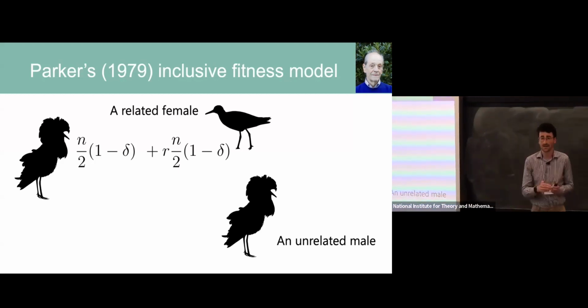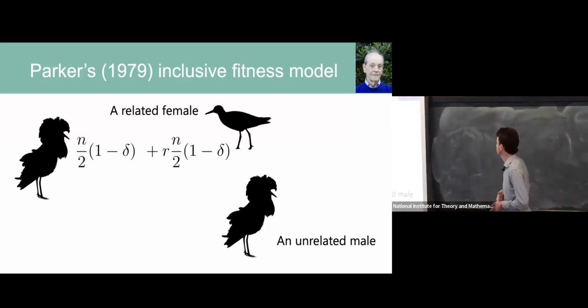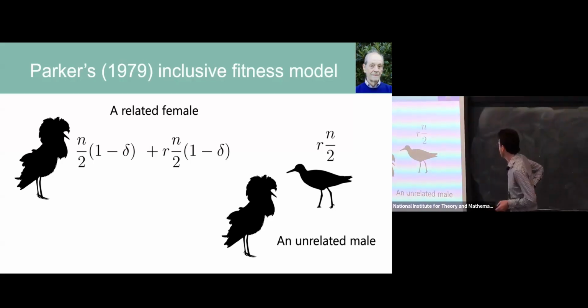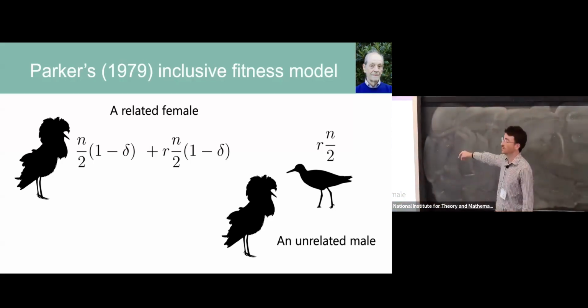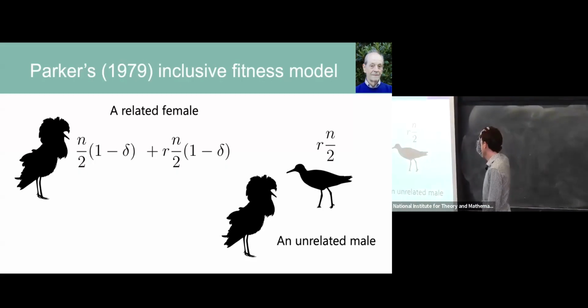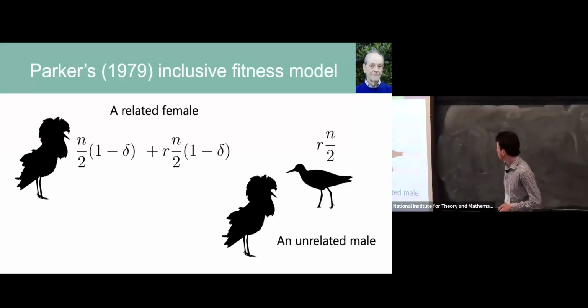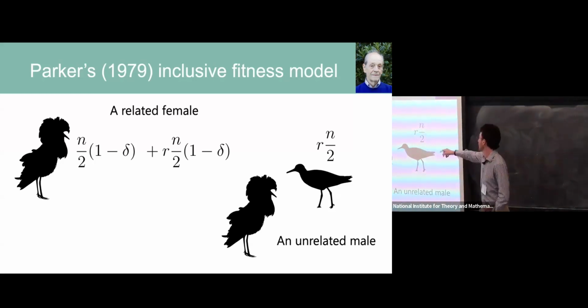If instead the male chooses to avoid inbreeding with the related female, she can go on and breed with an unrelated male, and she'll pass on n/2 times R gene copies from the perspective of what the male decision produced. So this is very similar but slightly different, because here now the unrelated breeding attempt is moderated by R.